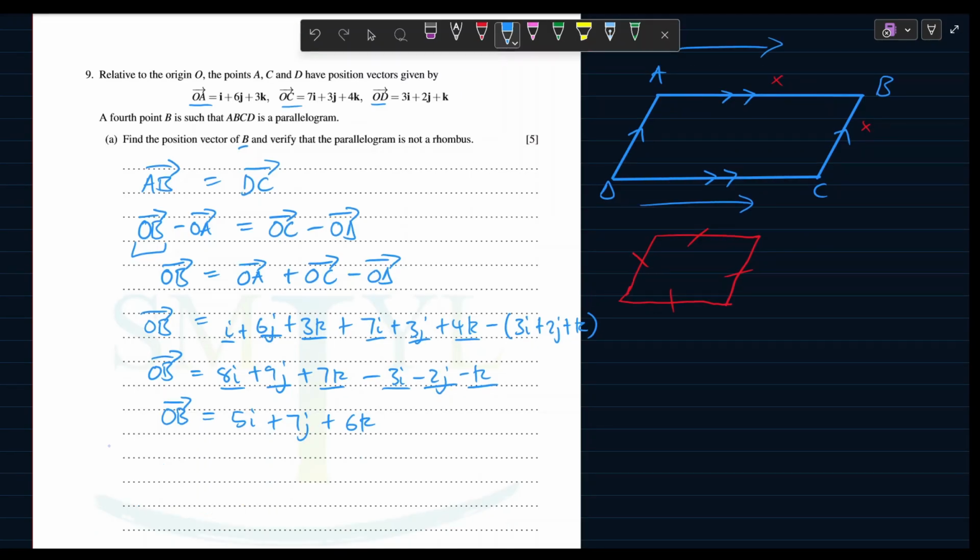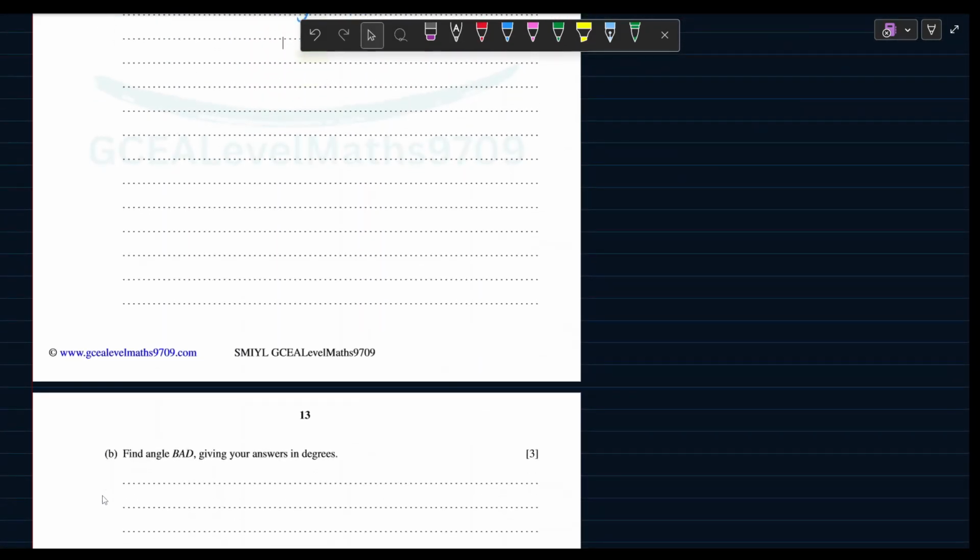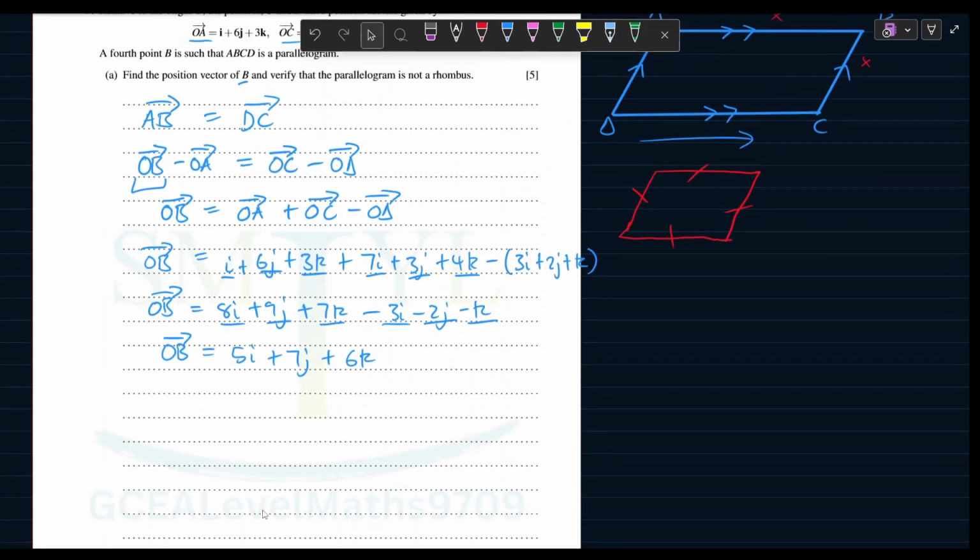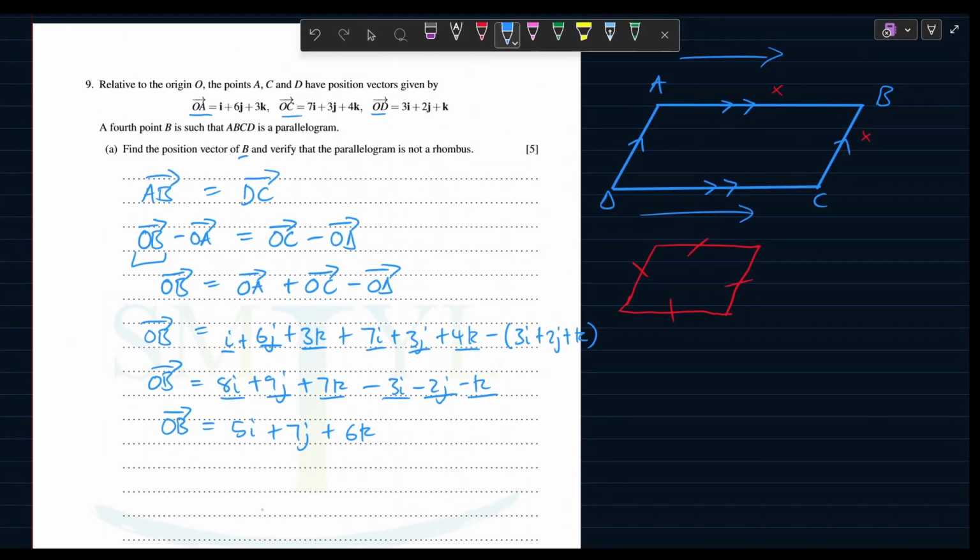But because I have knowledge of the next question, where we're going to want to find angle BAD, I'm going to choose to check that AB is not equal to AD, because remember AD and BC would be the same.